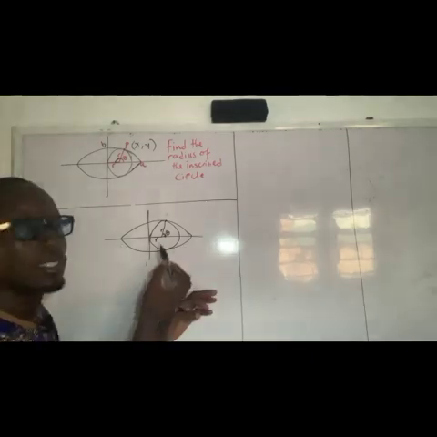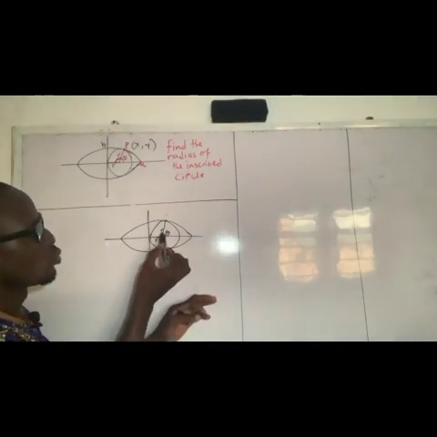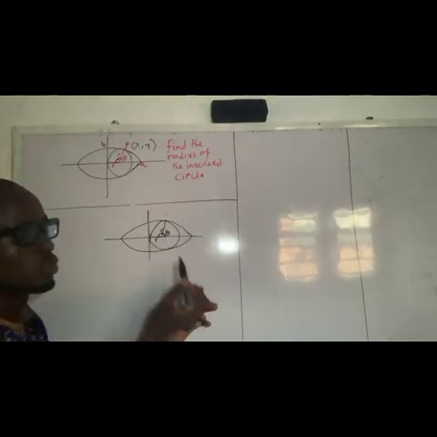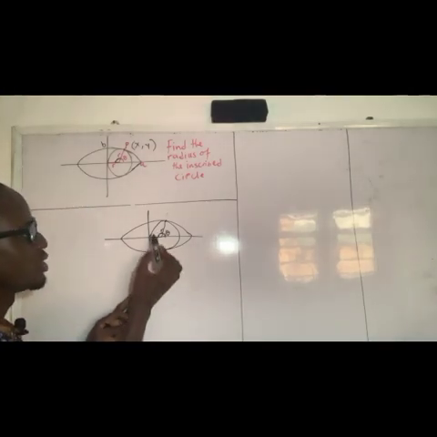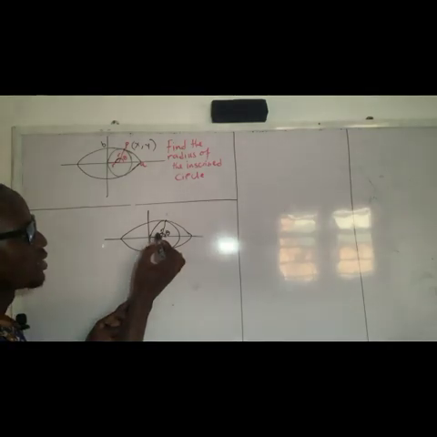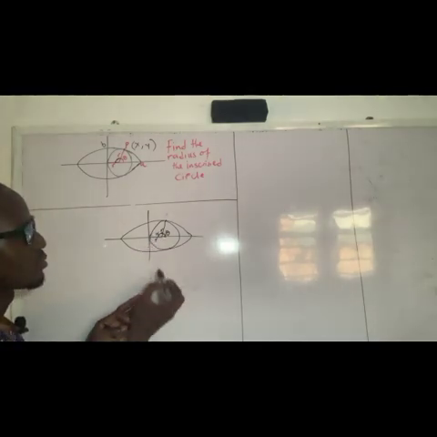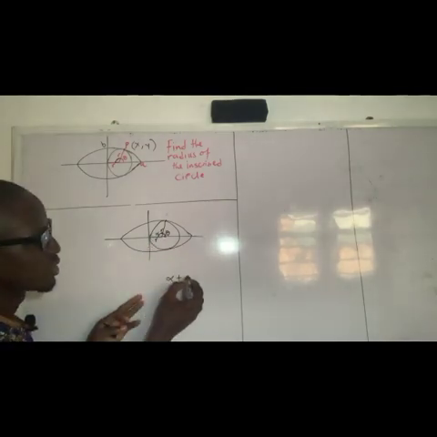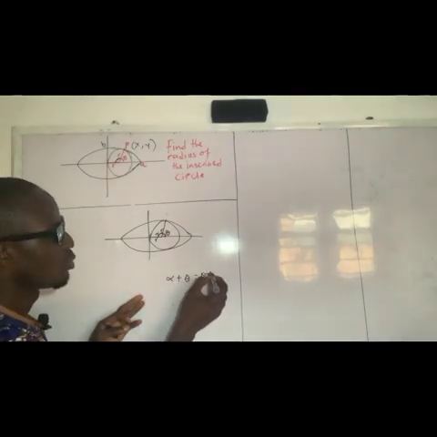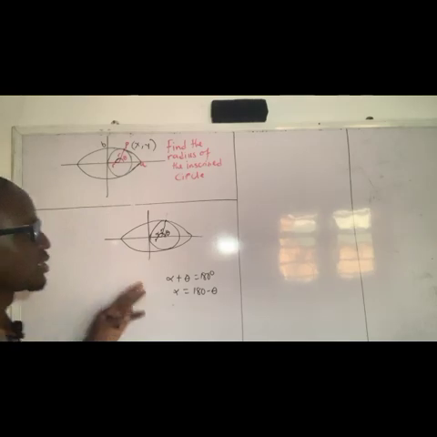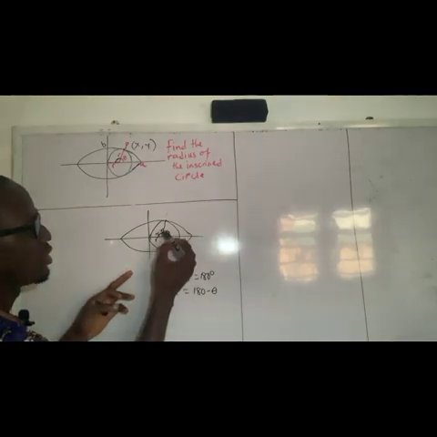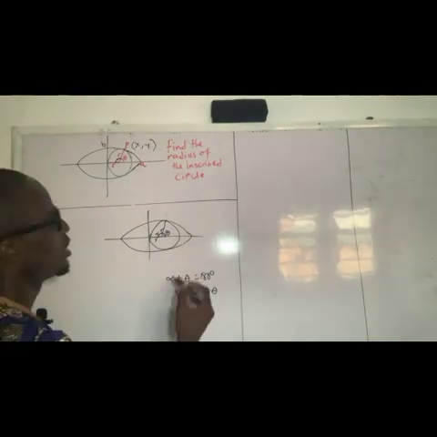Now, this theta here, plus whatever angle this place might be, would be 180 degrees because they are angles on a straight line. So let's label this particular angle alpha. So angle alpha plus theta should be 180 degrees, so that means alpha is 180 minus theta. So the value of the angle here is 180 minus theta.